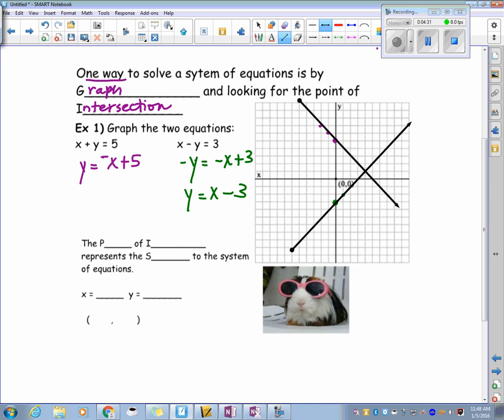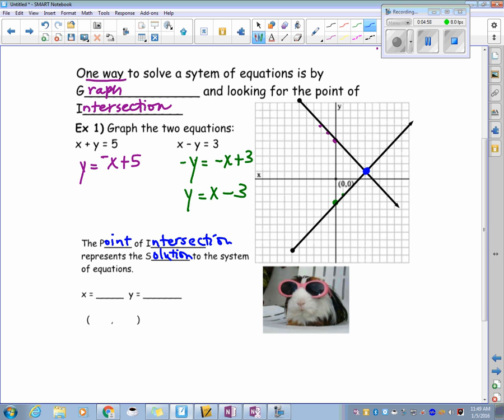But you can see that these two intersect right here. So that is the point of intersection. And it represents the solution to the system of equations.